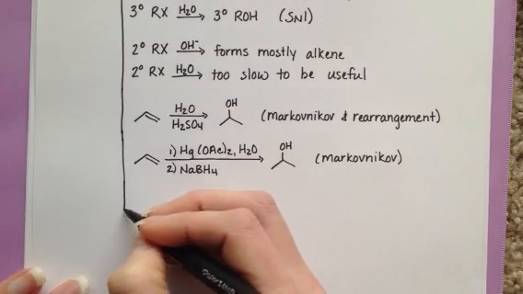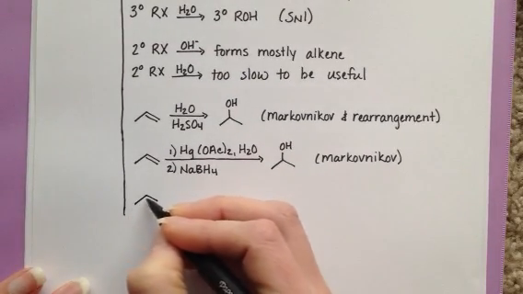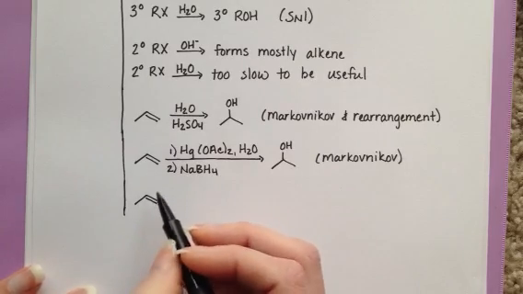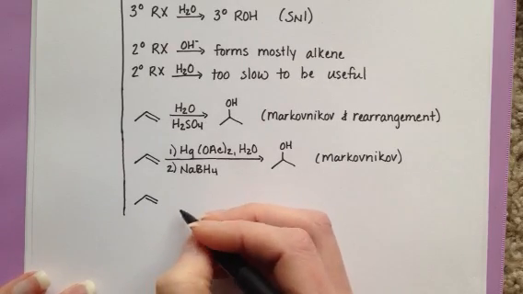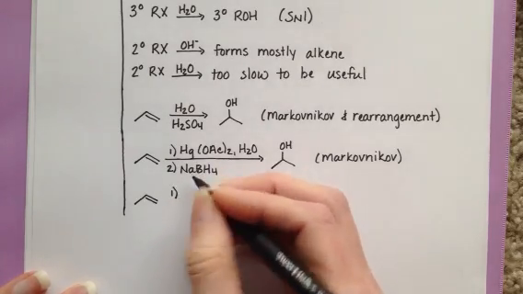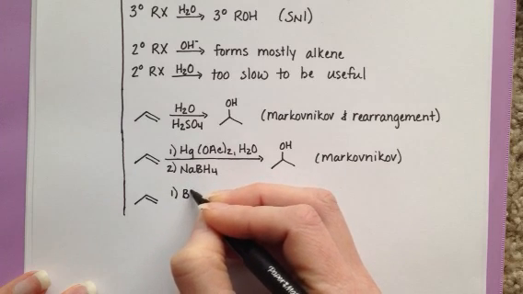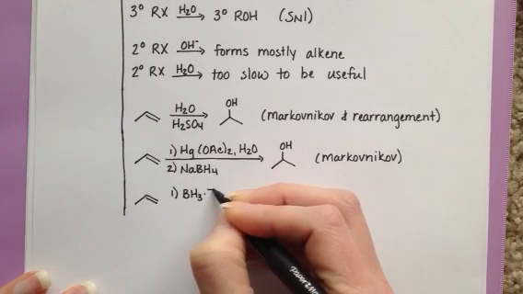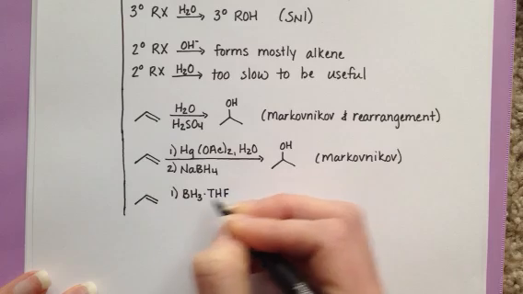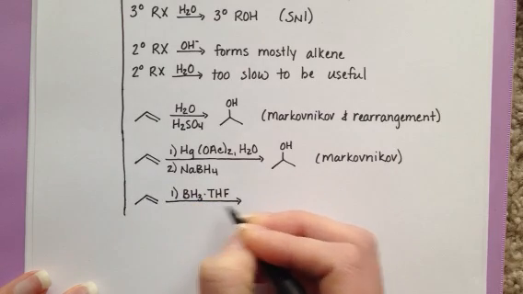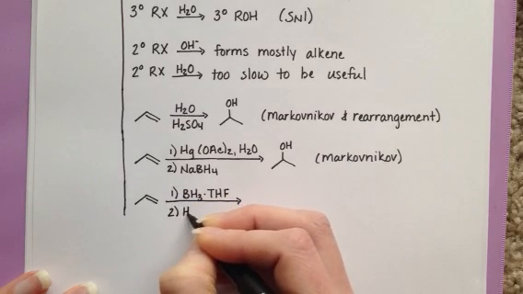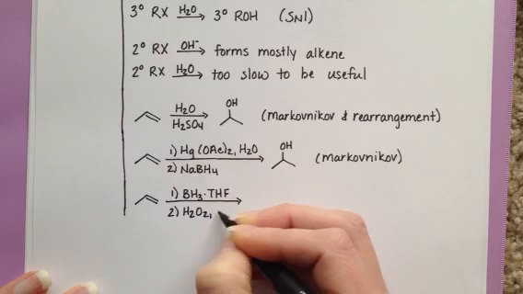And then we also learned that we can get the OH group to go onto the other carbon of the alkene, an anti-Markovnikov addition, using BH3 and THF, followed by hydrogen peroxide and hydroxide.